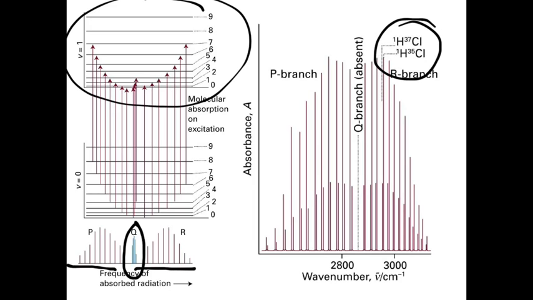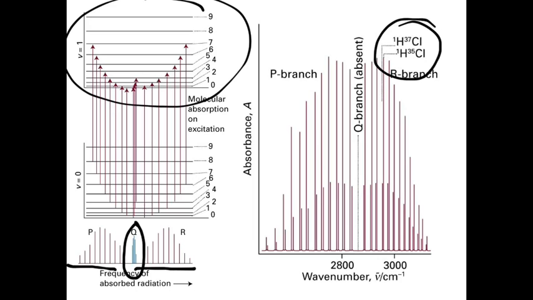So as we change the vibrational energy, we might not change the rotational energy level, but we might gain some or we might lose some. If we go to the same rotational level in the upper vibrational state, then we say the delta J equals 0, and we have the Q branch. If we have a delta J that's plus 1, we have an R branch.